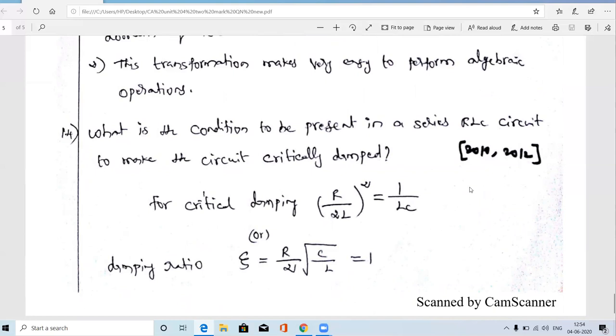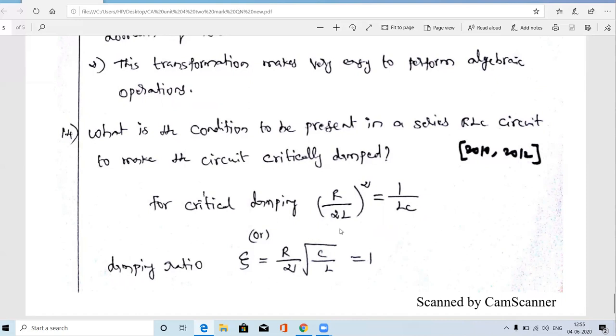So for critical damping, the condition is (R by 2L) the whole squared equal to 1 divided by LC. Otherwise, another condition: if you rearrange this equation, we get the damping ratio. The damping ratio eta equal to R by 2 square root of C by L. This damping ratio must be equal to 1. Either this condition or that condition you may write.